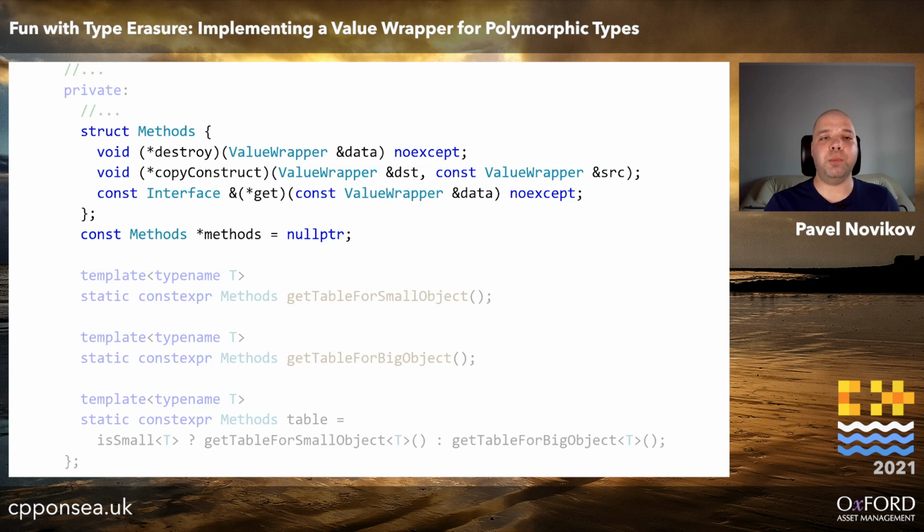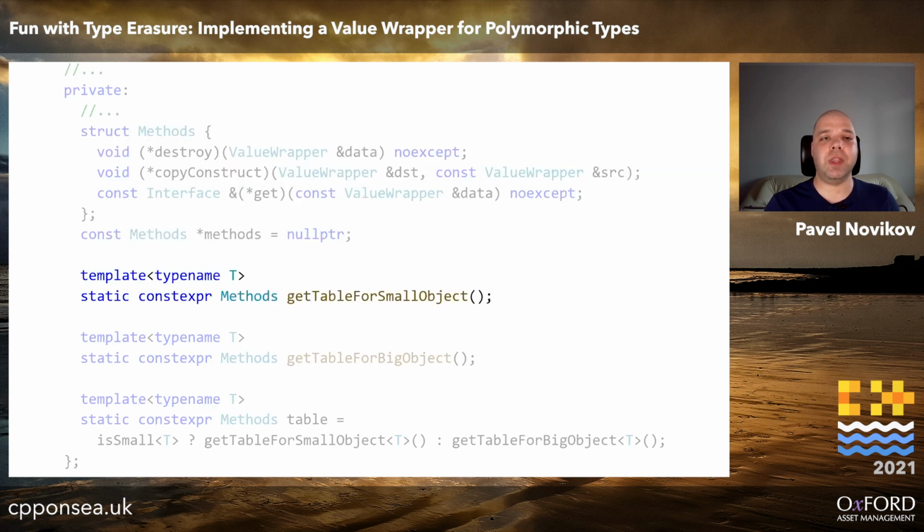And also we have a pointer to an instance of this object, which contains the pointers to functions. So we don't bring these three pointers with every instance, and we can just point to some static object which contains pointers to all of these functions.